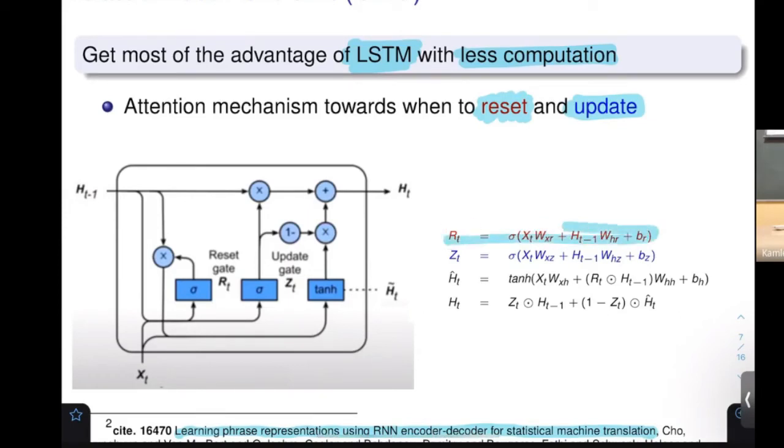This particular equation is very simplified. It tells that there are weights, and they are multiplied. For example, here I have the weight xr with respect to x, and weight hr with respect to this particular value. And using these things, I'm going to find out how much I have to reset.